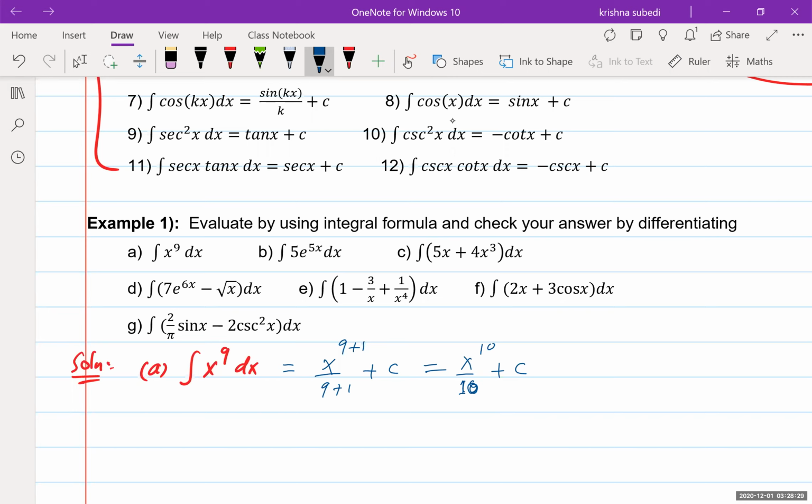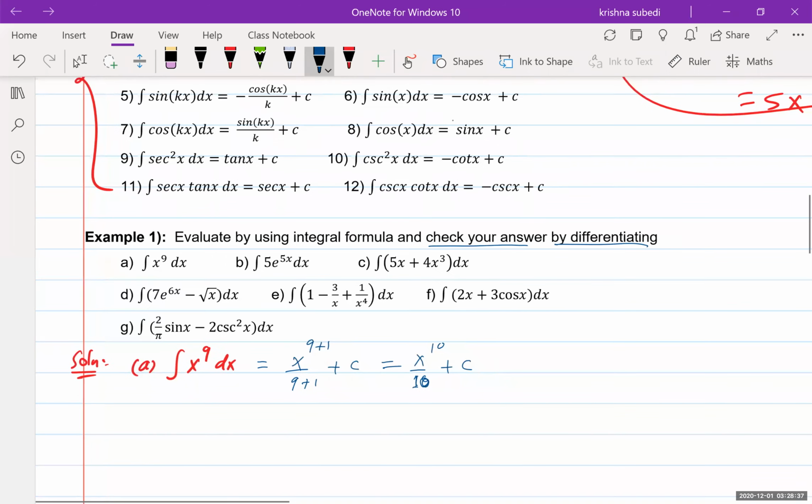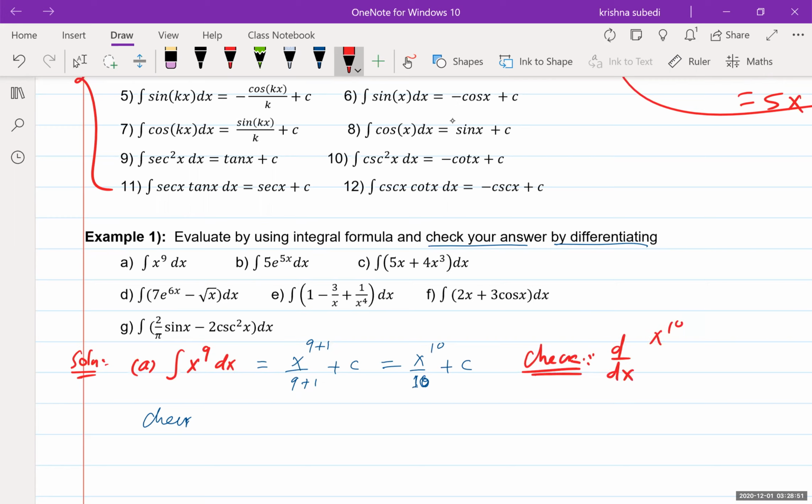Now it says evaluate by using integral formula and check your answer by differentiation. Let us check whether our answer is right or wrong, okay? So we want to do the derivative of x power 10 over 10 plus c. And do we get x power 9?